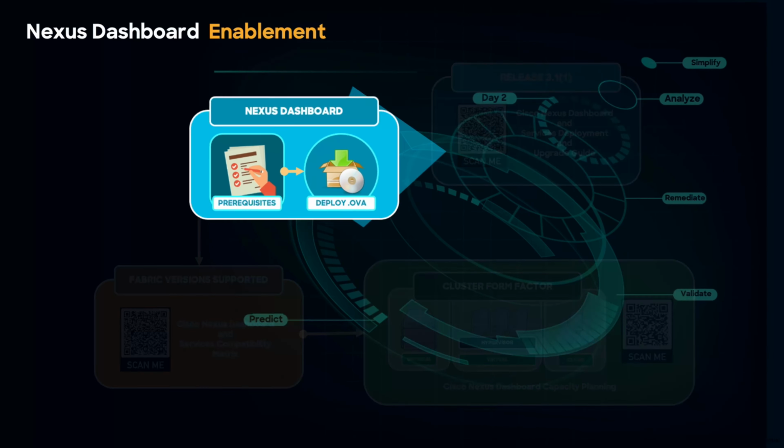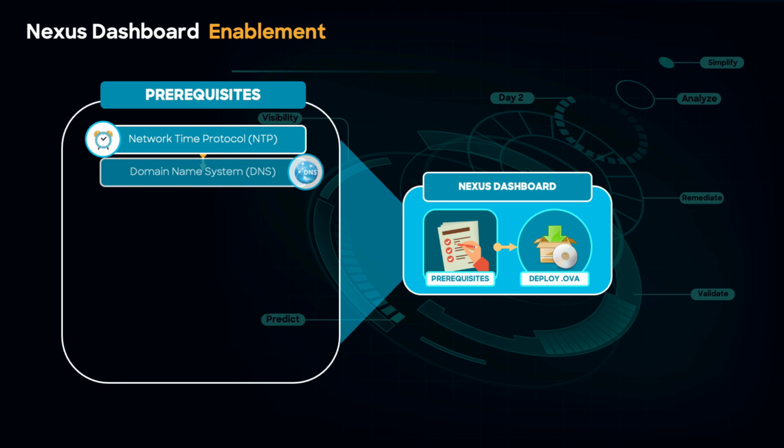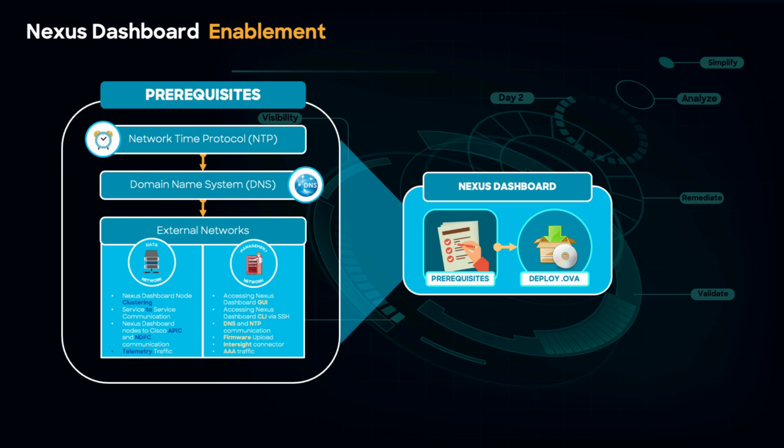First, we are going to check the prerequisites to validate that we have the necessary platform to enable the nodes and then create the cluster. And then, we are going to deploy the OVA file. Some of the elements that are essential for enabling the platform are an NTP service, a DNS service, and communication with two network segments of the environment known as external networks, which are the data network and the management network.